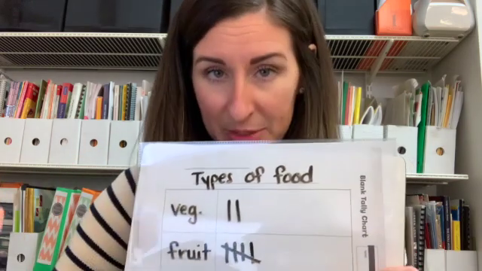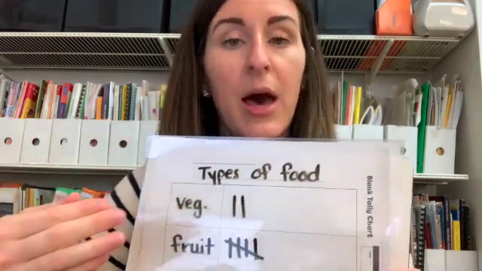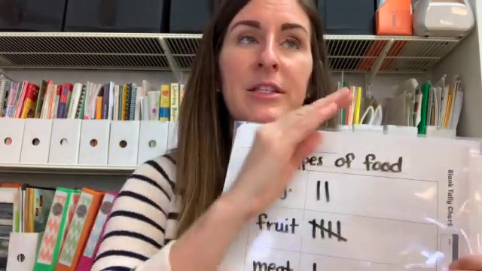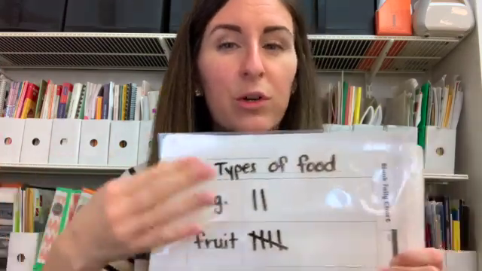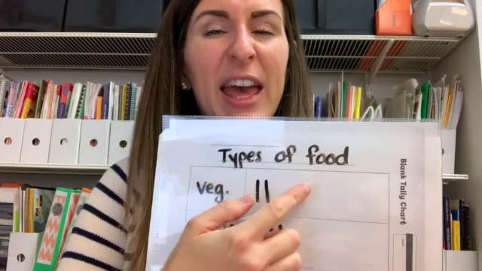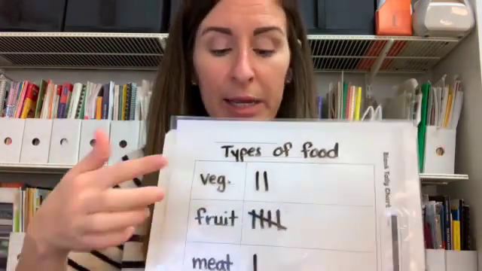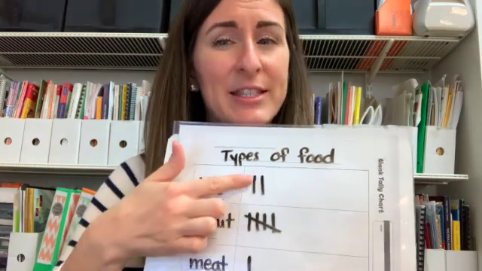So 3 types of food, 3 types of shoes, 3 types of toys. We're not comparing different categories of items in our houses. We're picking one category, like food, and then within that category, comparing the different types of items in that category and seeing which one has the most and which one has the least.